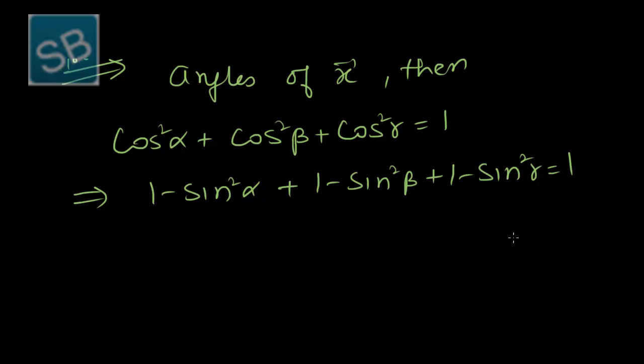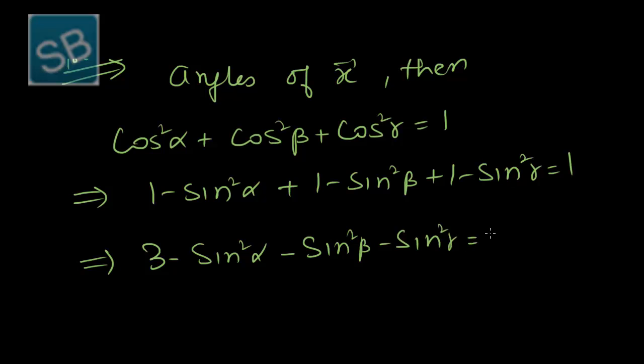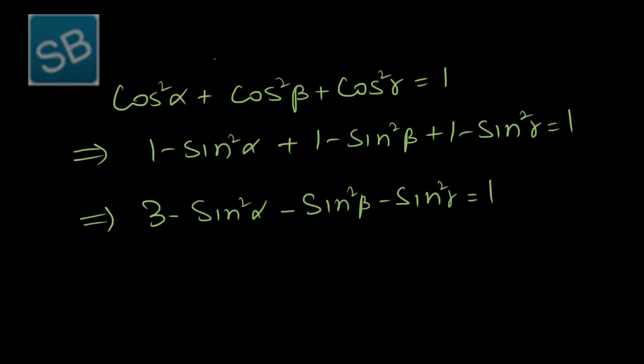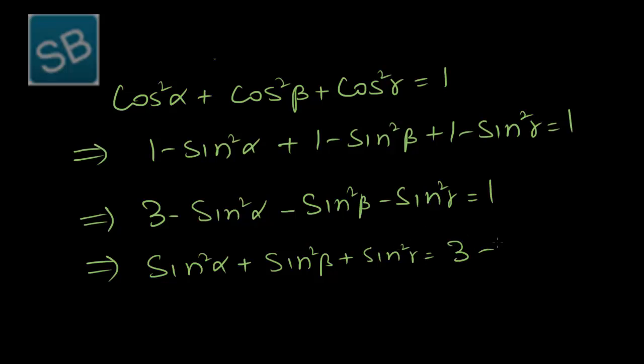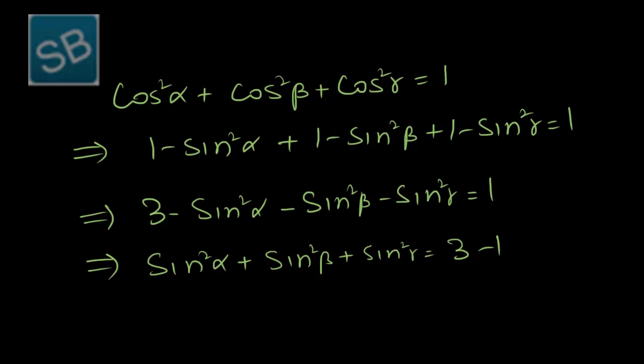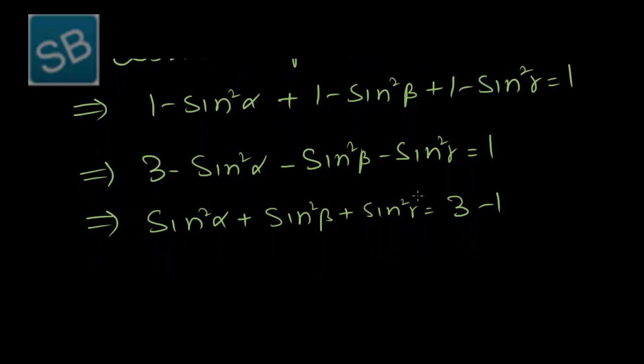By the identity sin square plus cos square is equal to 1. So we get 3 minus sin square alpha minus sin square beta minus sin square gamma is equal to 1. So we get sin square alpha plus sin square beta plus sin square gamma is equal to 3 minus 1, by changing the position of this and 1.